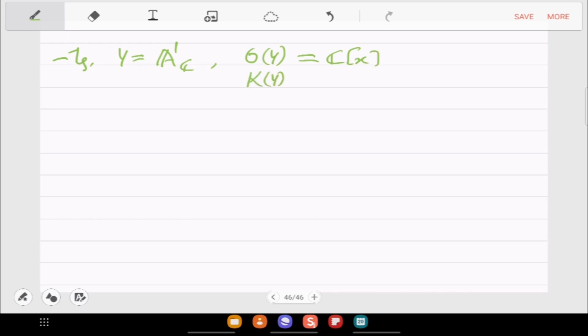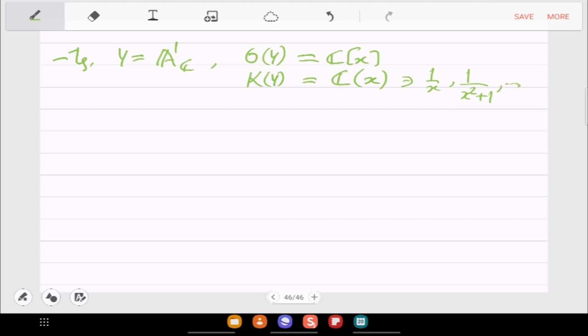And from that you can guess KY to be C(x), just change the bracket. So for example, new things that you have included are things like 1 over x, which was not there, and you also have 1 over x square plus 1 and so on.